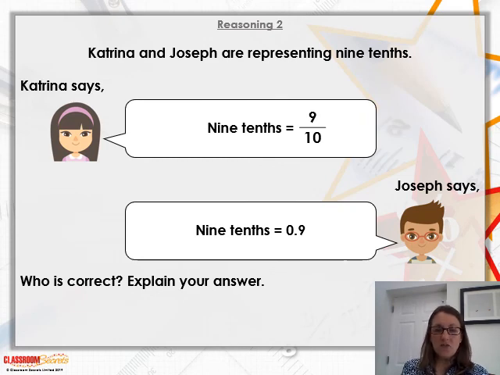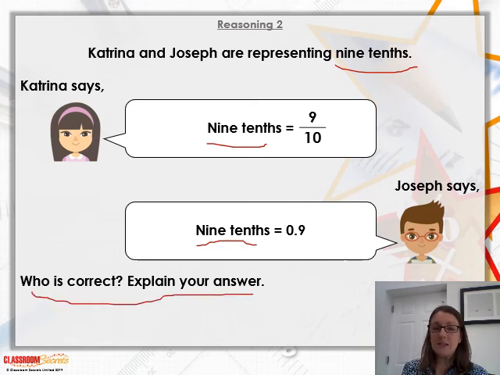Katrina and Joseph are representing 9/10. Katrina says 9/10 is 9 over 10. Okay. And Joseph says, well, 9/10 is 0.9. Who is correct?